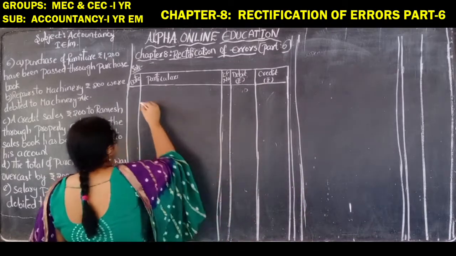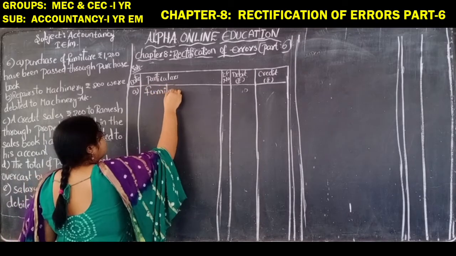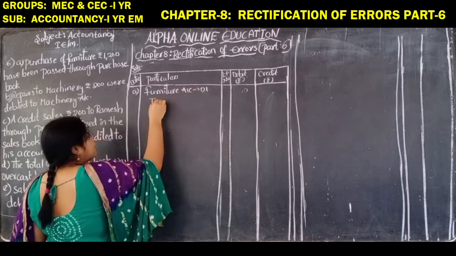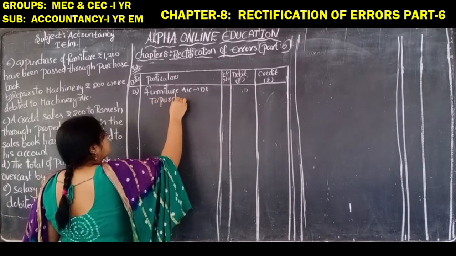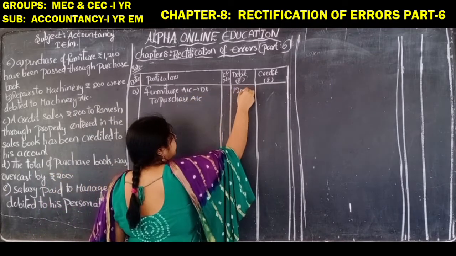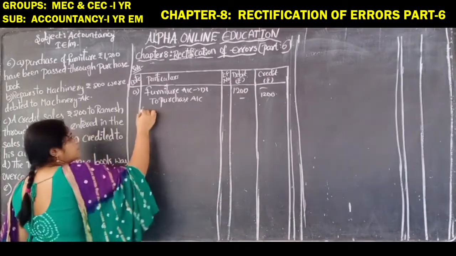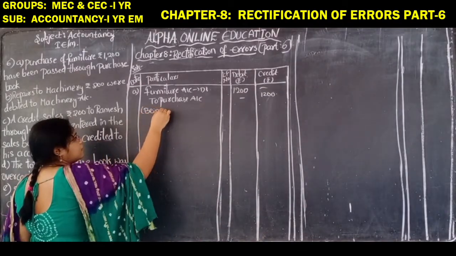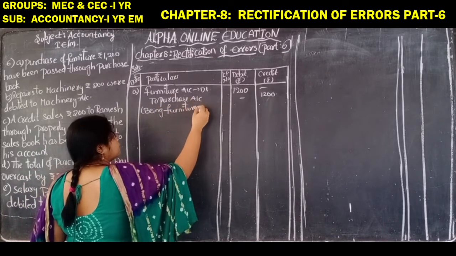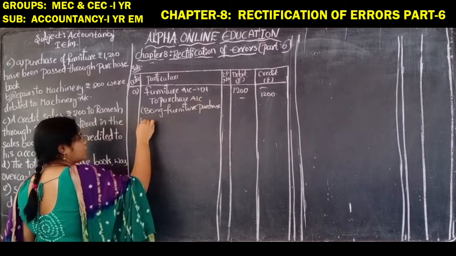So let us write furniture account debit to purchase account. How much is the amount here? We have 1200, so write down 1200 on both sides.